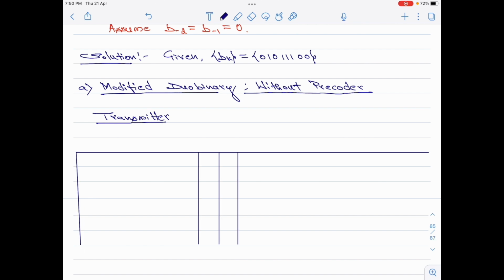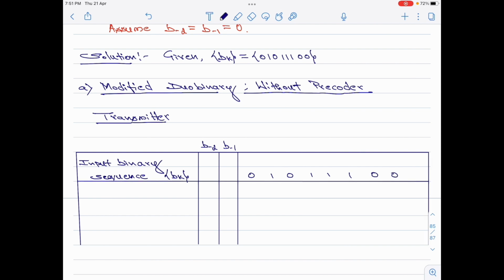I'll specify B minus 2 and B minus 1 in these two columns. Right, let me start. I'll start by writing the input binary sequence BK. This is given as 0, 1, 0, 1, 1, 1, 0, 0.